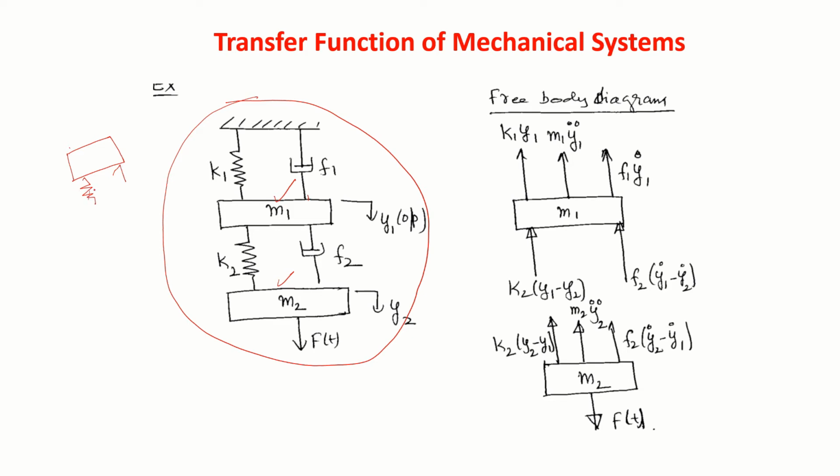So assume all four will have spring and damper, and let us say these are sitting on the axle. Okay, this is sprung mass, and this one is unsprung mass.